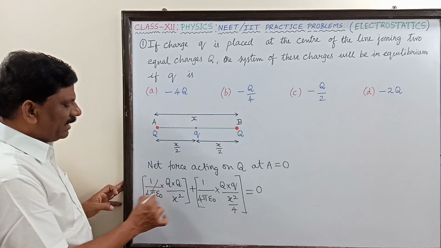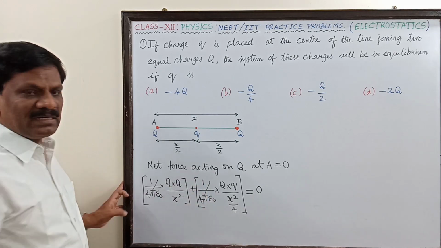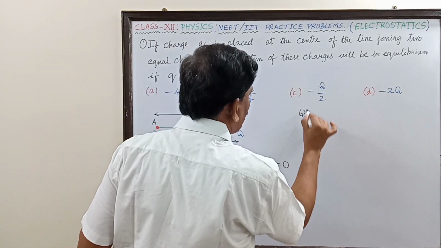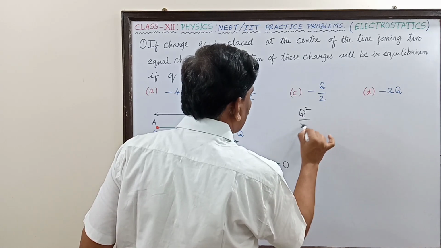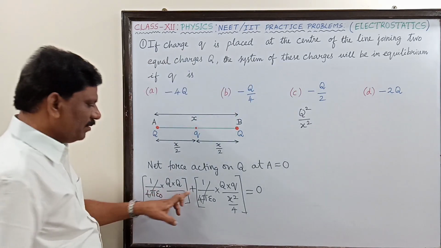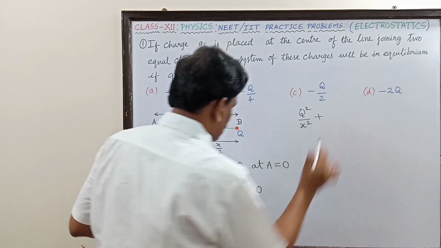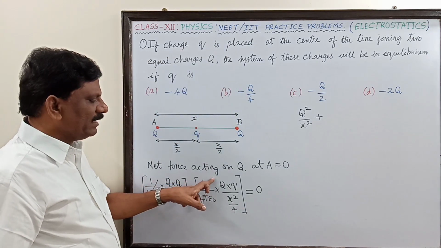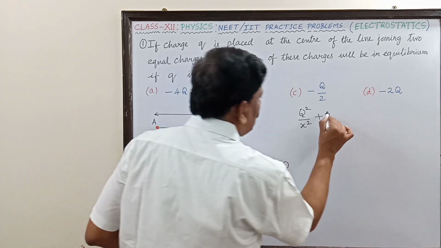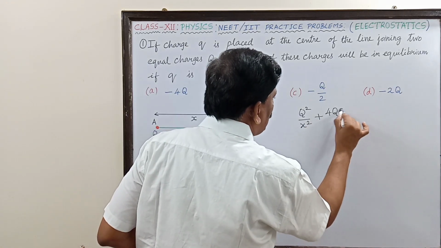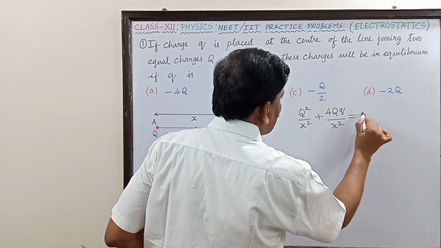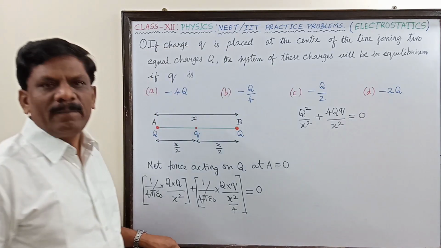So I can eliminate the constants and write the remaining terms. So Q into Q is Q square by x square plus, this 4 in the denominator will go to the numerator, so 4 into capital Q into small q divided by x square, and this is equal to 0.